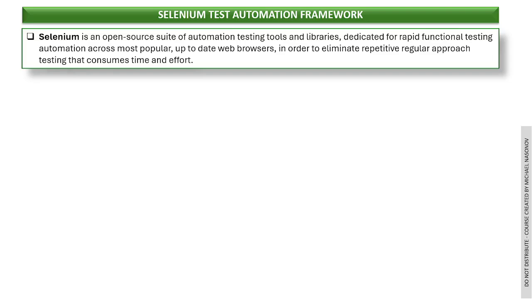Hi, it's time to talk about Selenium Test Automation Framework. Selenium is an open source suite of automation testing tools and libraries dedicated for rapid functional testing automation across most popular and up-to-date web browsers in order to eliminate repetitive regular approach testing that consumes time and effort.